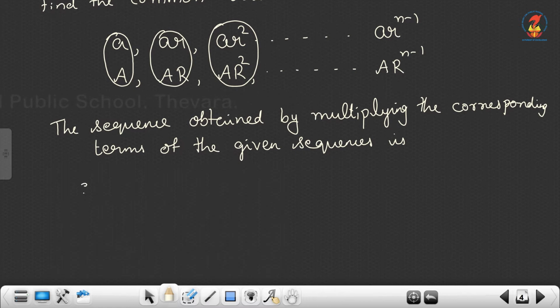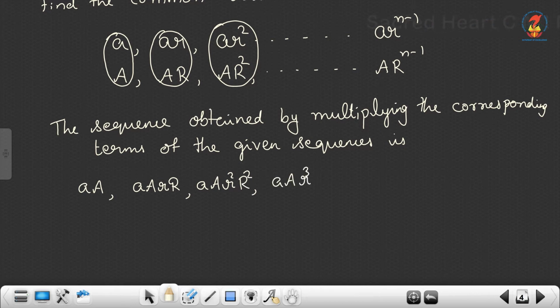So first one is small a capital A, the next is small a capital A into small r capital R, then a into r square, capital R square, then the next term will be r cube, capital R cube, etc. Small a capital A, r raised to n minus 1, capital R raised to n minus 1.